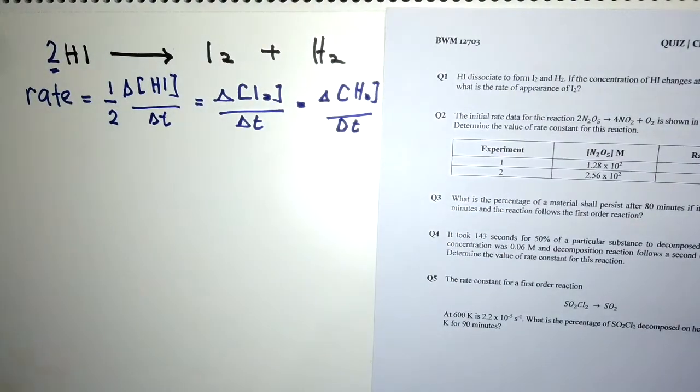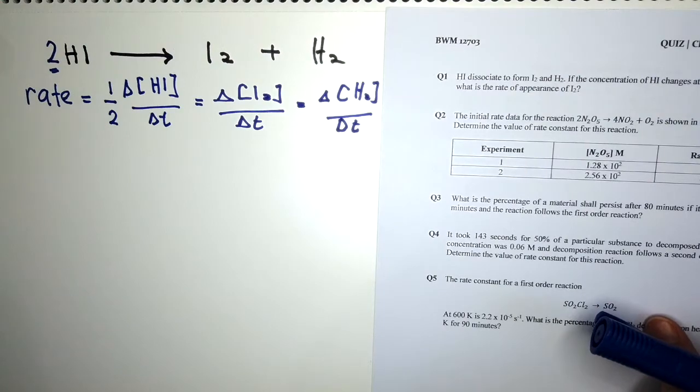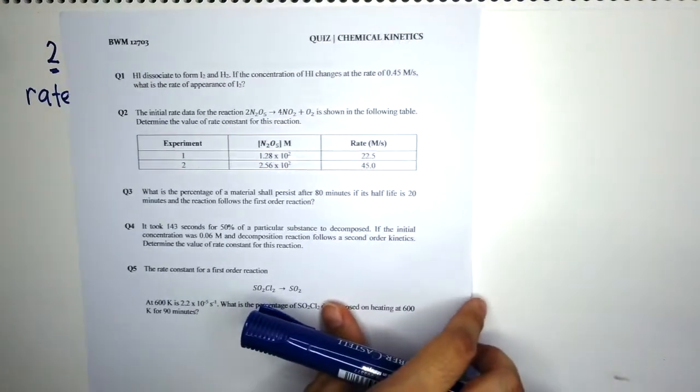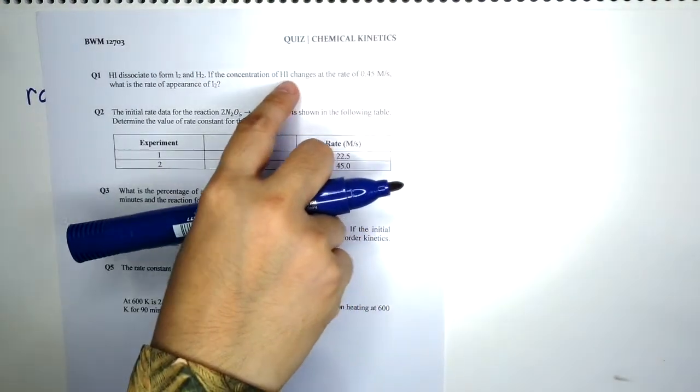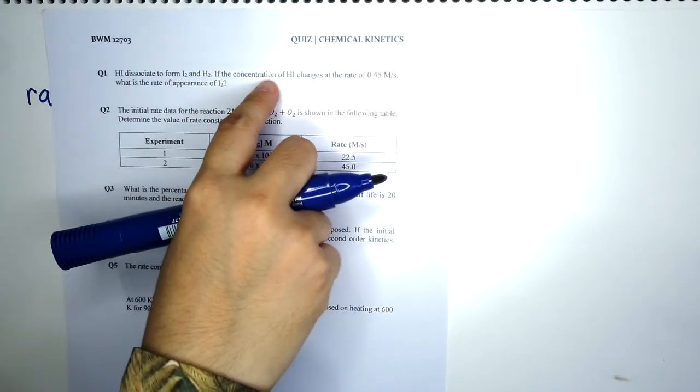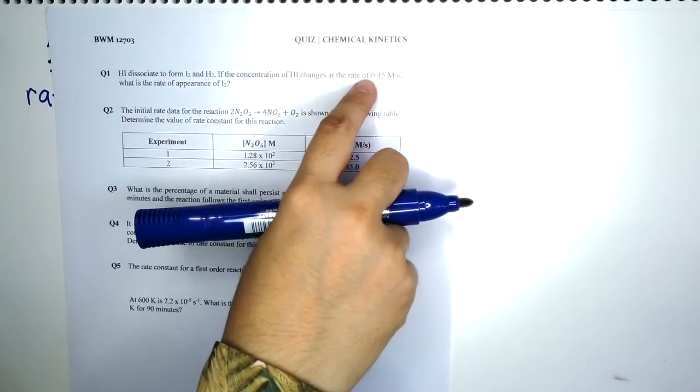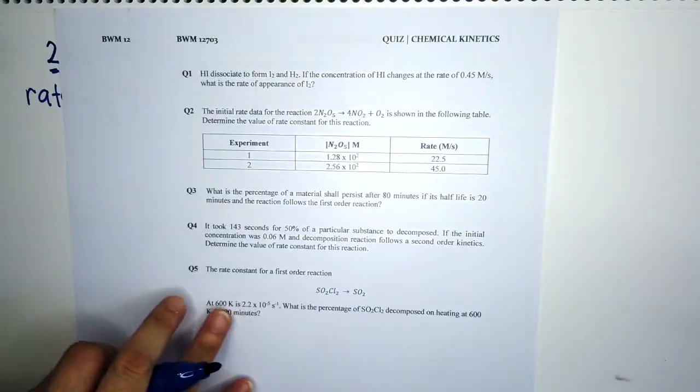Alright, what are the other things that you know from this question? It states here that the concentration of the HI changes at the rate of 0.45.